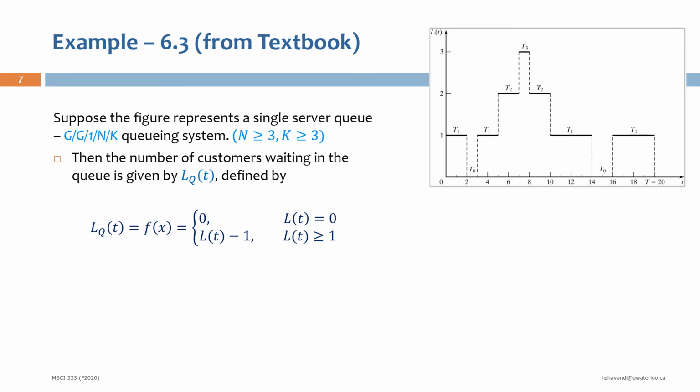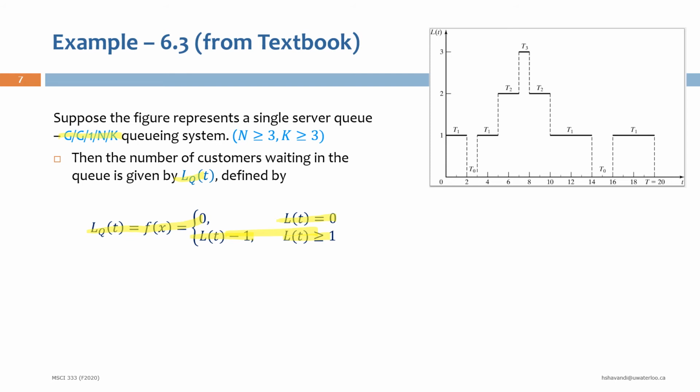So here, let's say we have a G/G/1/N/K system, and we want to calculate the LQ(t) from L(t). So the LQ(t) in general will be defined like this. I mean, if we subtract L(t) by 1 in the single server model, then the resulting quantity will be LQ(t).